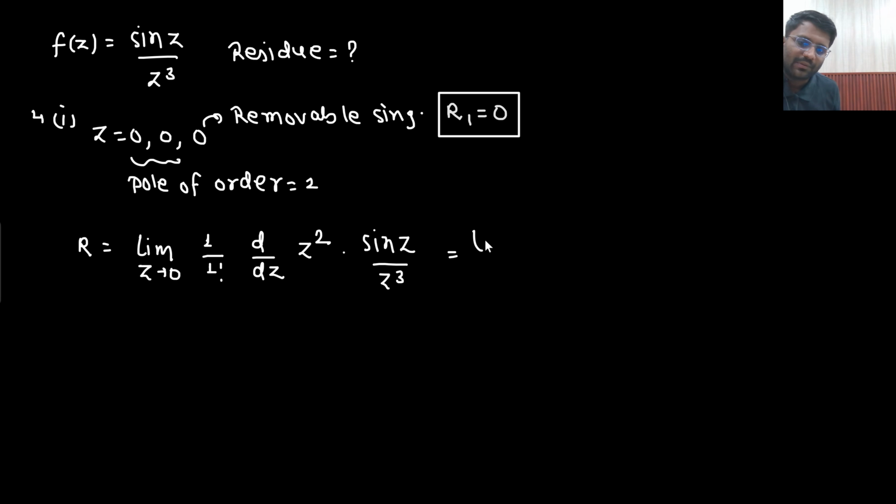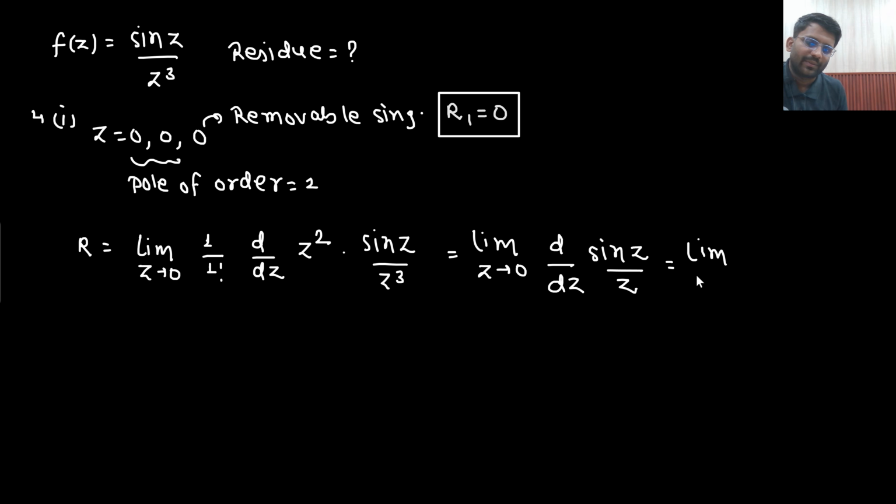Limit z tending to 0 of the differentiation of sin z by z. Differentiation of sin z will be cos z minus sin z. Put z tending to 0 here, 0 by 0 form you are getting.